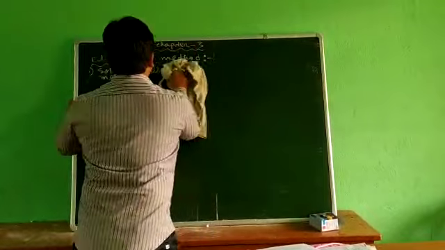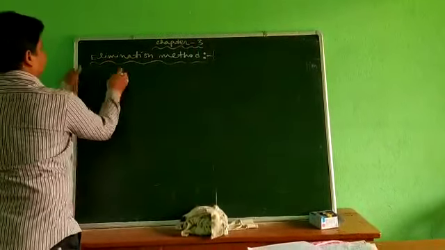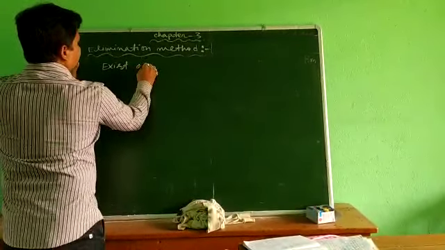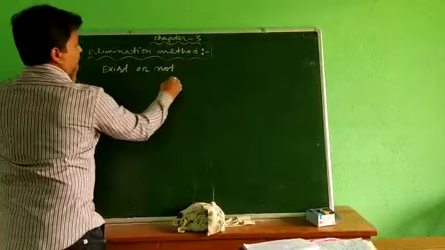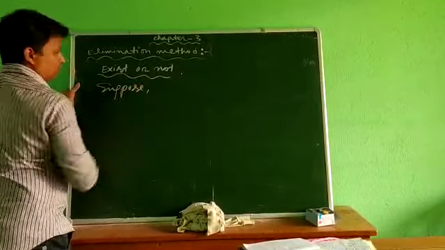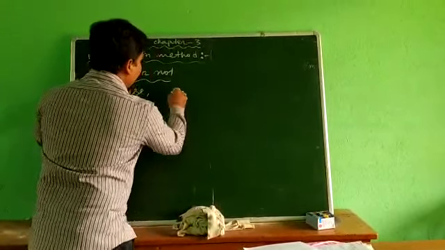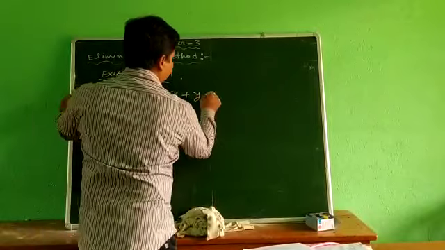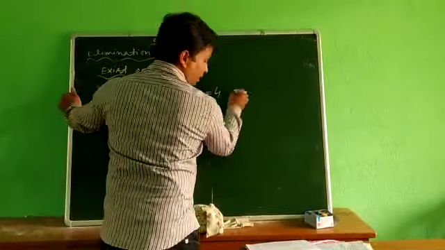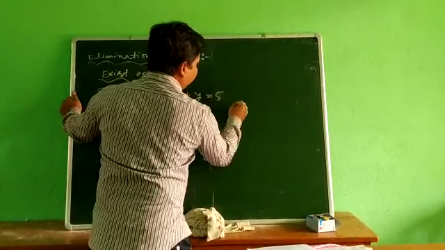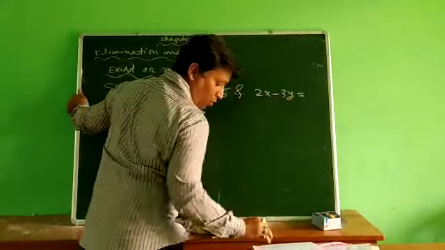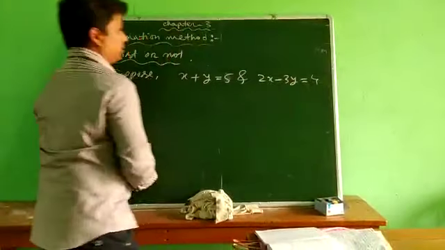Now I am going to explain the existence of a pair of linear equations, whether the solution exists or not. Suppose a pair of linear equations: x plus y equals 5 and 2x minus 3y equals 4.